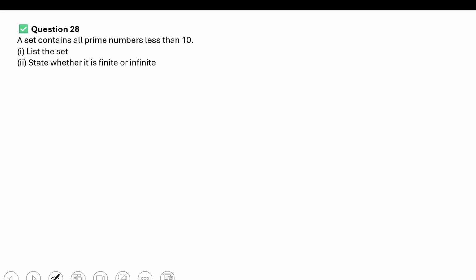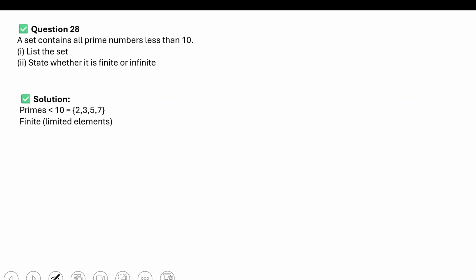Okay, a set contains all prime numbers less than 10. List the set and state whether it is a finite or infinite set. So, prime numbers less than 10. What are prime numbers? Numbers that are divisible only by 1 and themselves. So I have 2, 3, 5, and 7.